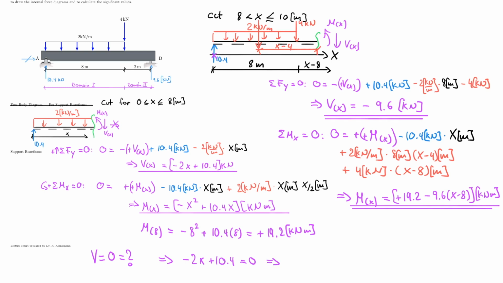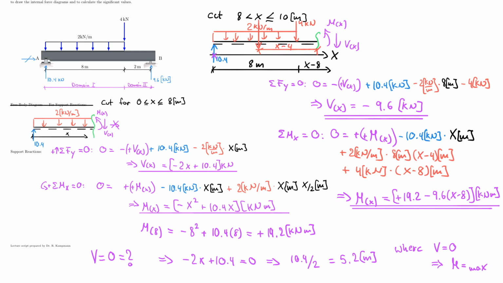And that's a very simple case in this case, because all I have to do is take 10.4 and divide it by 2, which then gives me 5.2, and that is 5.2 meters. So what I know now is that from 0 to 5.2 meters, the shear force is positive, and at 5.2, the shear force is actually 0. So this is where v is equal to 0, and therefore that's also where m is equal to max.